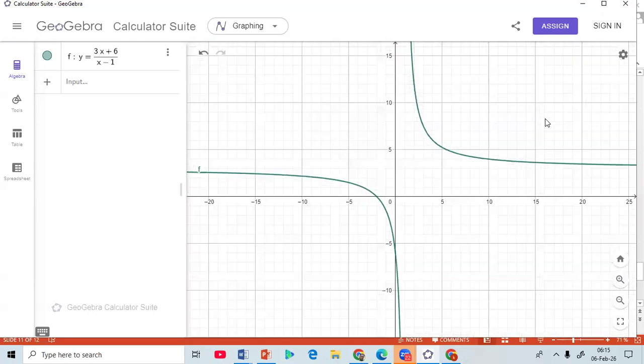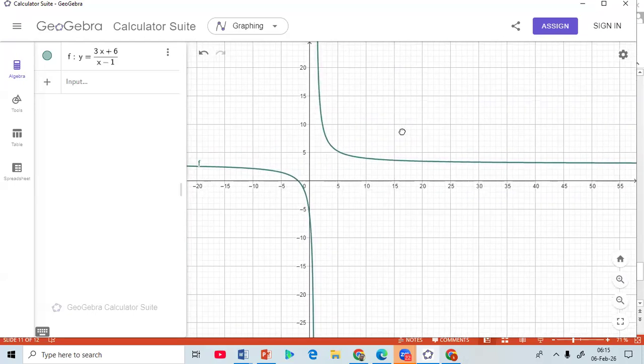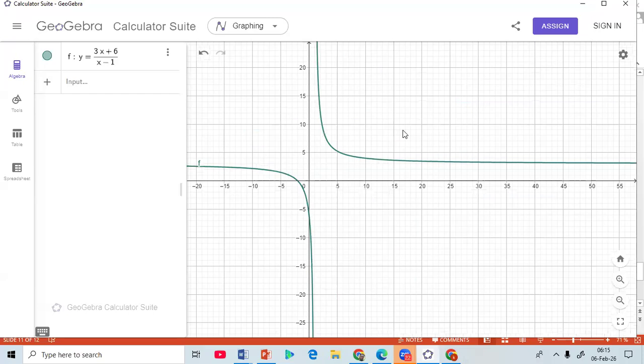Where we have three, it should not touch, but it just appears, because it must extend towards infinity. As it approaches the 3, it extends to positive infinity along the y-axis.